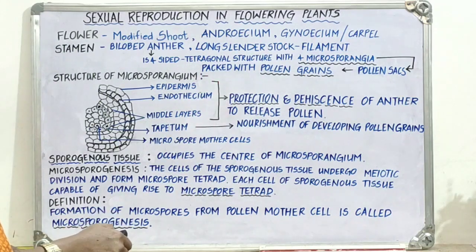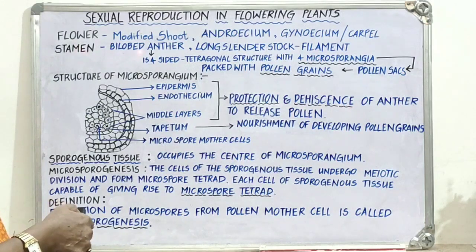These three are meant for protection and dehiscence of anther. So again I am repeating, these three layers are meant for protection and dehiscence of anther. So the stamen is having a bilobed anther, right?